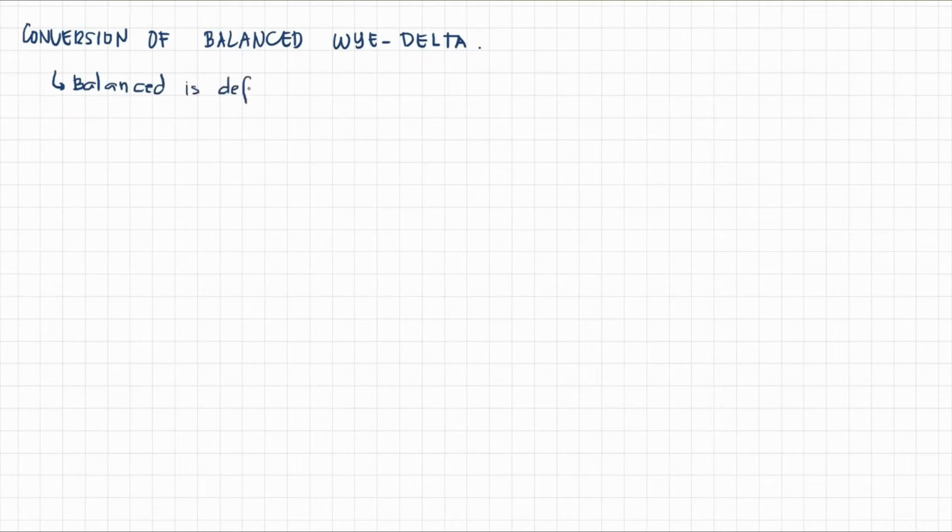So suppose we have a network that is balanced. How do we convert it? But first, we have to define what balanced means. A balanced network is defined as a network whose values of the elements are equal.